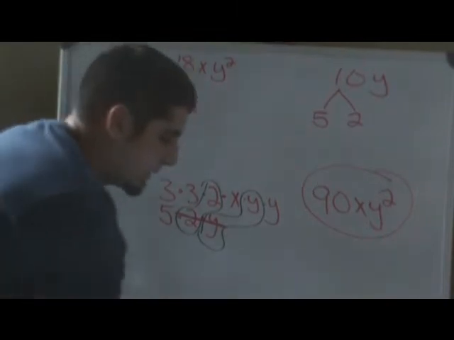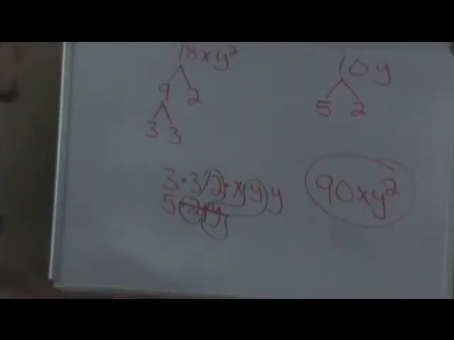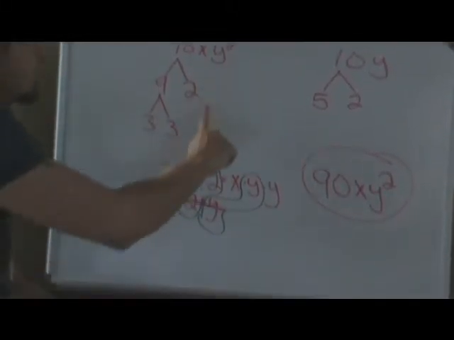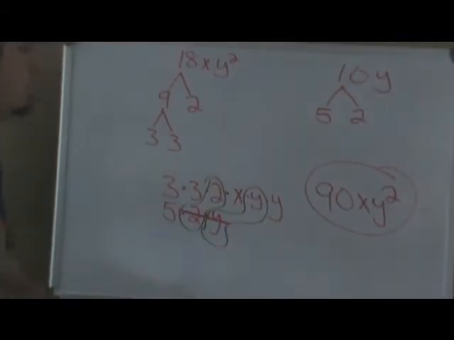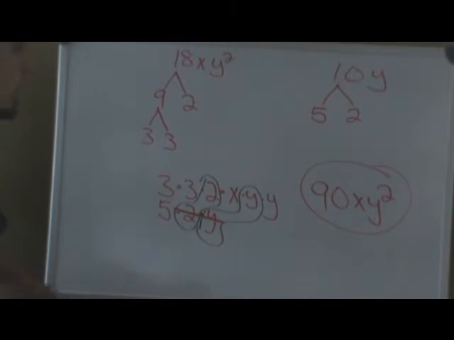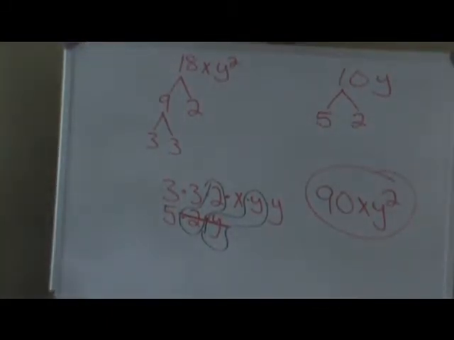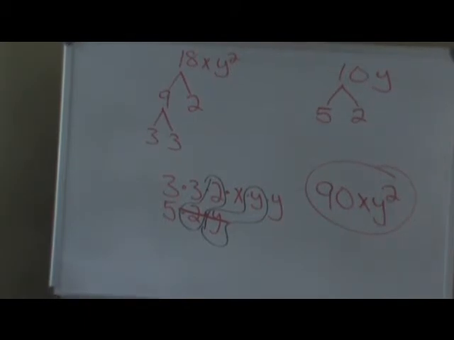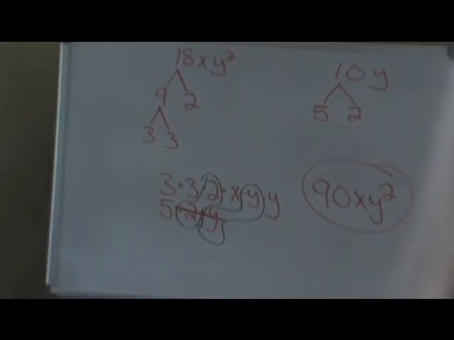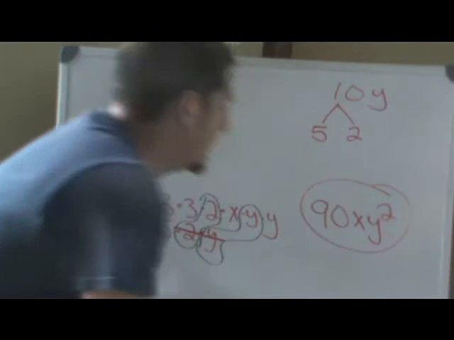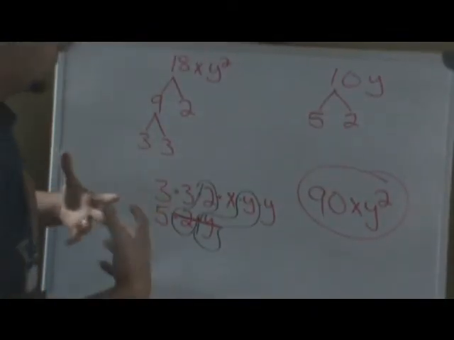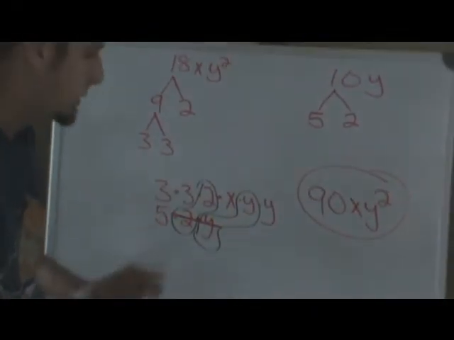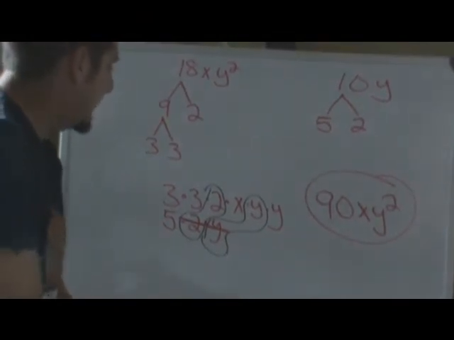So in the end, really the only extra steps you had to do was in writing out the prime factorization. You just have to write the variables out. And when we went to find the LCM, so let me back up there, I'm sorry about that.